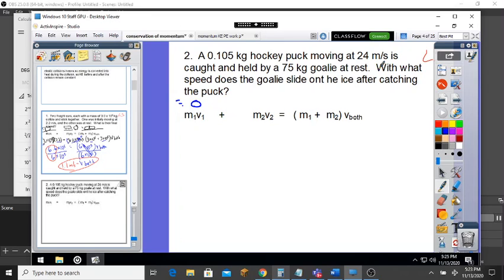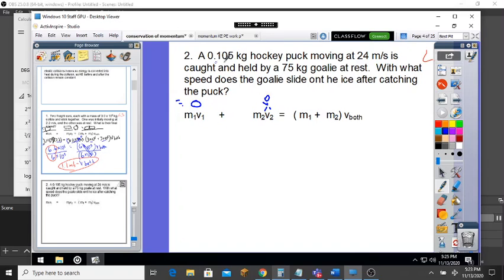So here you have the goalie. He's going to catch it, right? Once the hockey puck hits him, he's going to probably move back. The momentum of this is probably going to move him back, maybe not that much since it's a tiny hockey puck. Maybe if it was something bigger, it would move him back. But let's see how far it moved him.